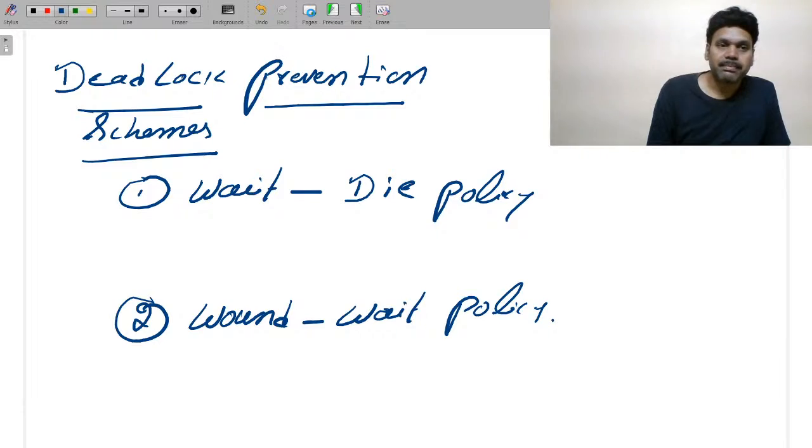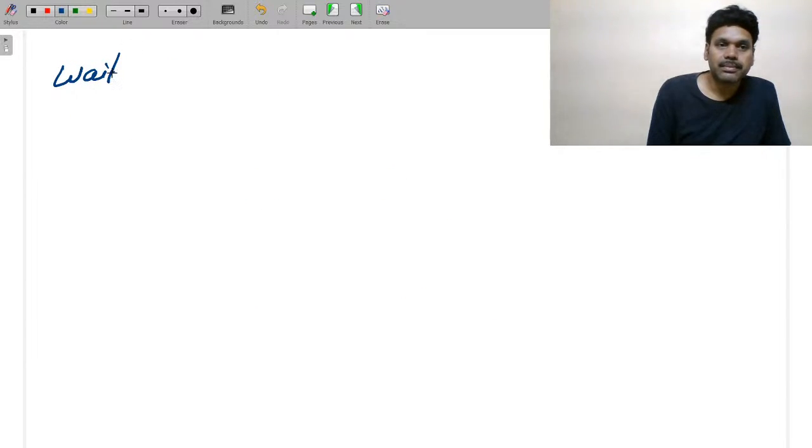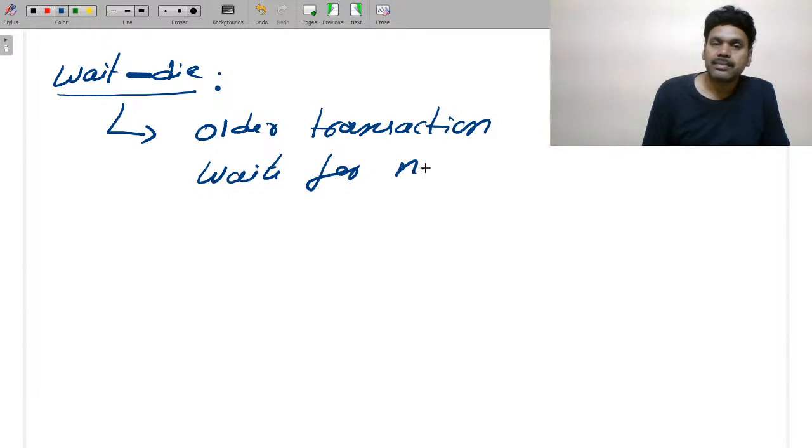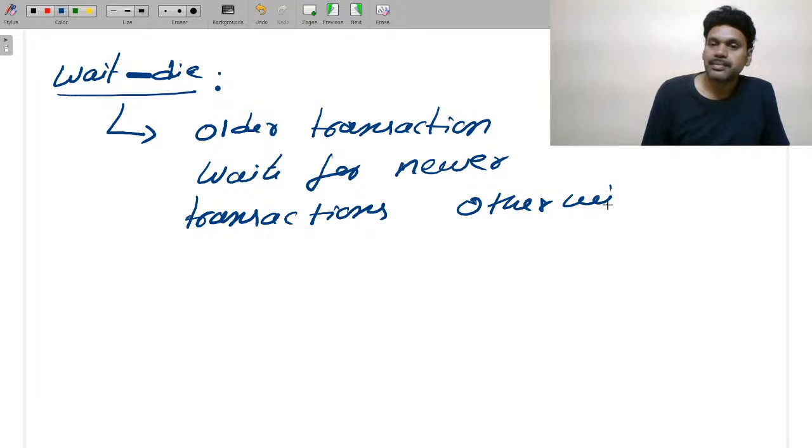What is wait-die? Please observe, friends. Older transaction waits for newer transactions, otherwise dies. And what about wound-wait?